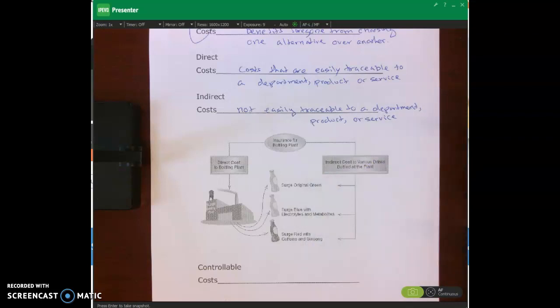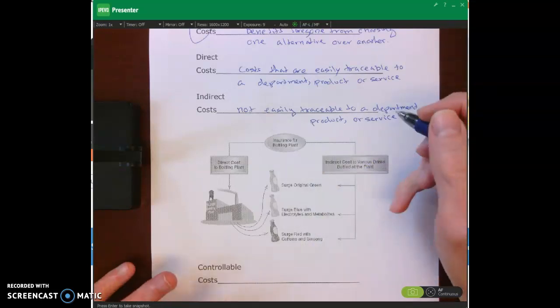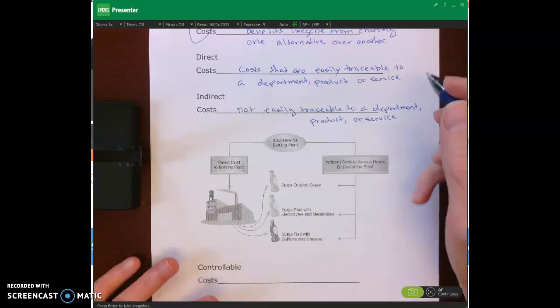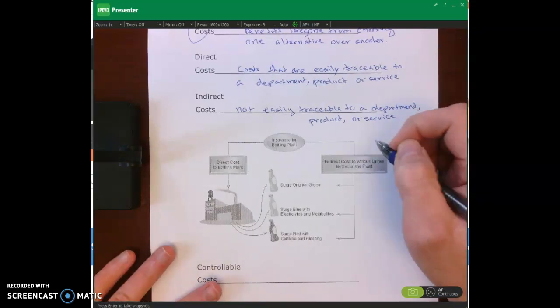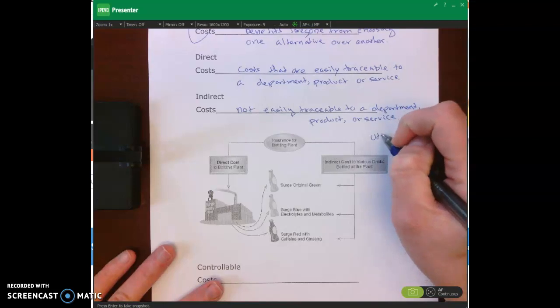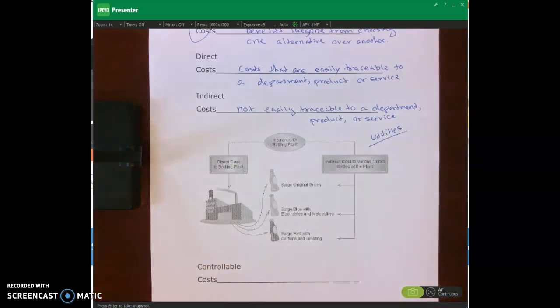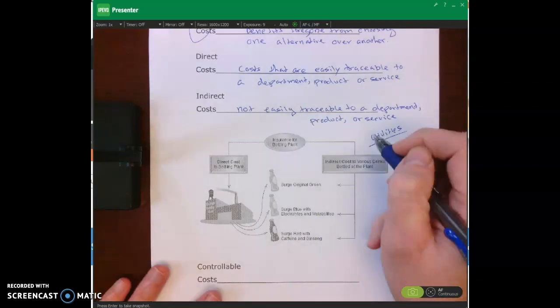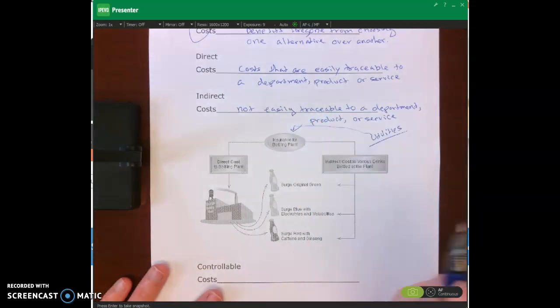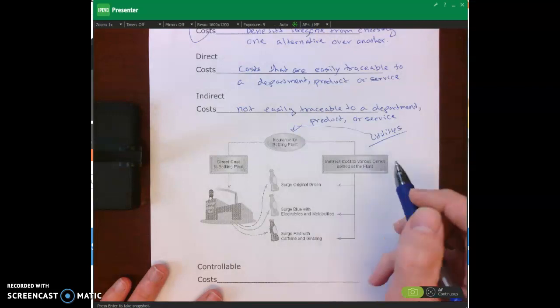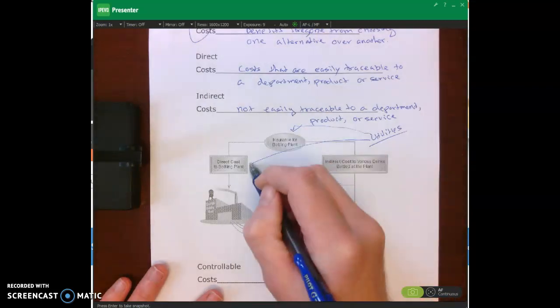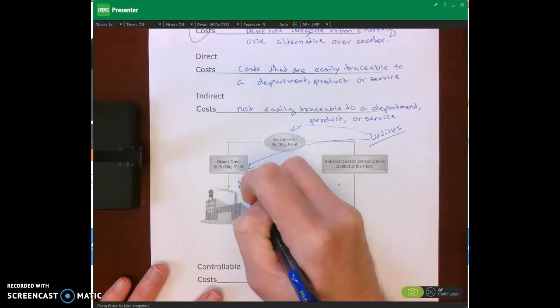Another example, to give it a little bit more context, would be if you live off campus with roommates and you have to pay utilities. Everybody has to pay utilities. Those utilities costs can be easily traced to your apartment.